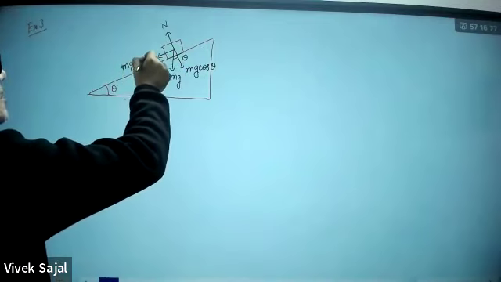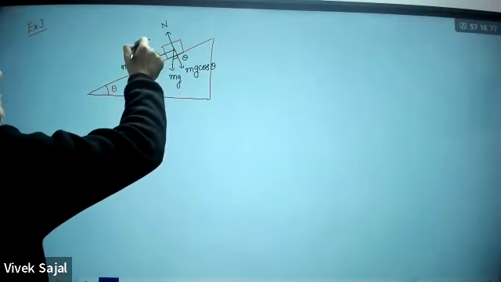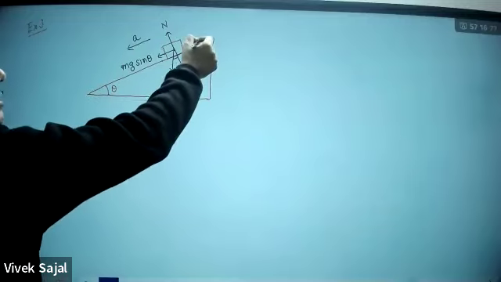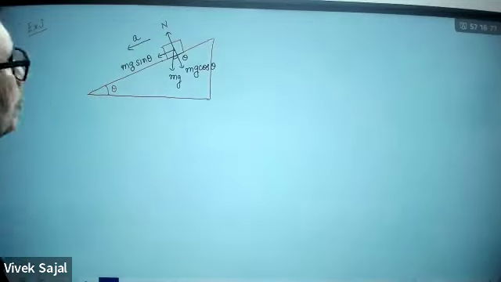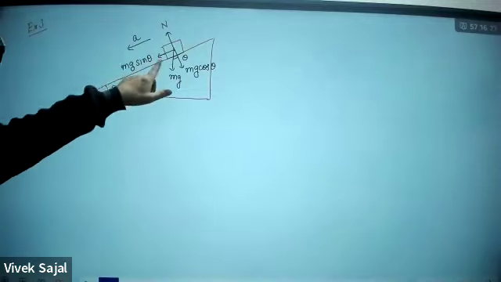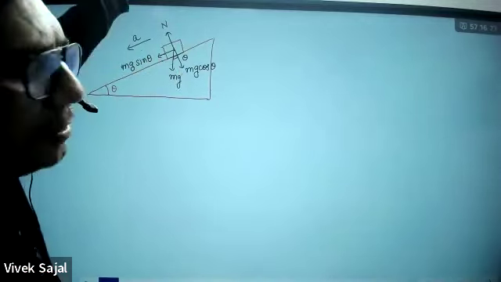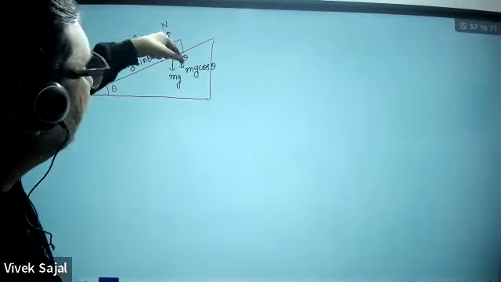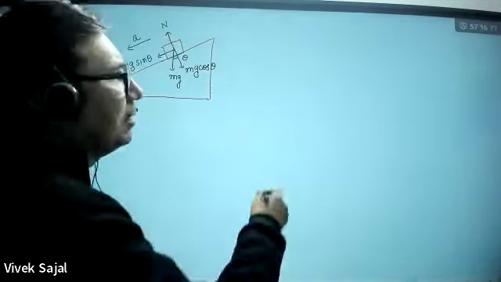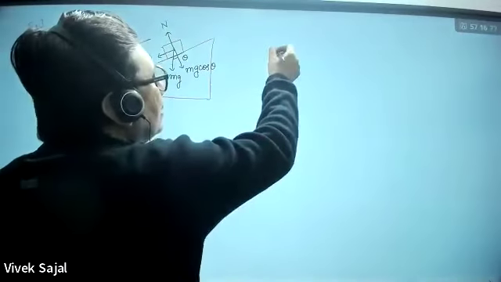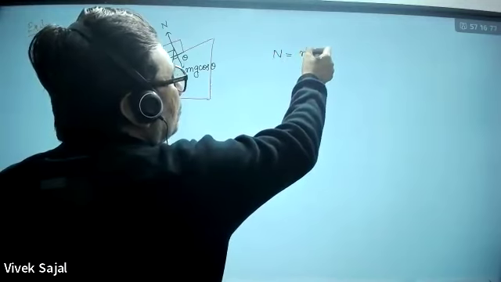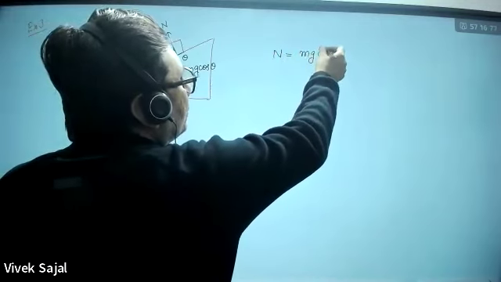Suppose the acceleration of this block in this direction is a, and we are assuming this surface is smooth. Try to understand, this block is not moving in the upward direction, so the normal reaction and mg cos theta balance each other. The first equation is N equals mg cos theta.